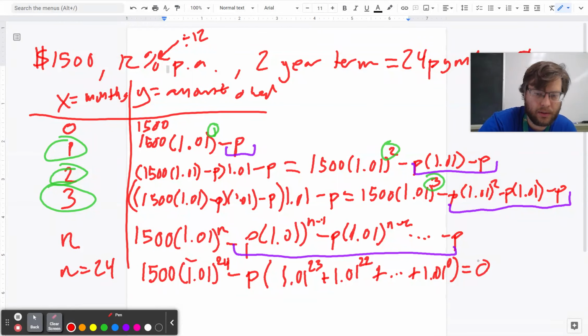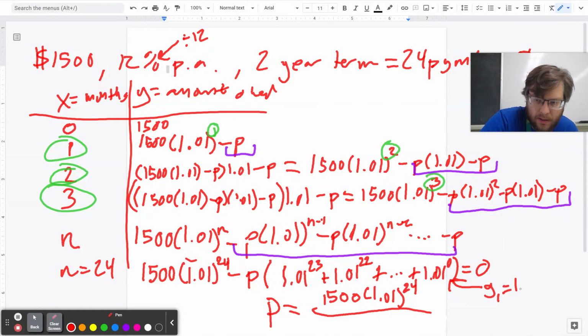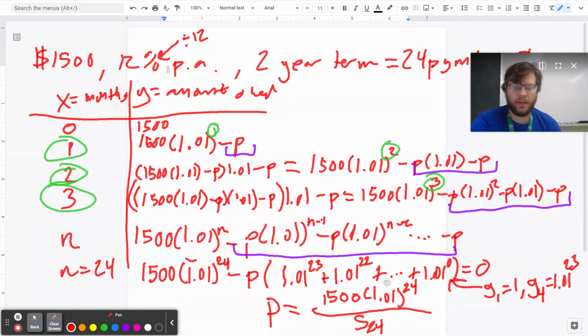And then if you solve, adding the P over to the other side and then dividing by the geometric sequence, P is going to equal 1500 times 1.01 to the 24 divided by that geometric sequence, which has G1 equals 1, and then there are 24 terms, so G24 equals 1.01 to the 23. And down here, I'm just going to say S24, and we'll calculate that separately.